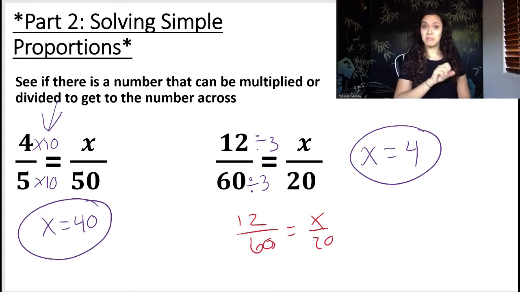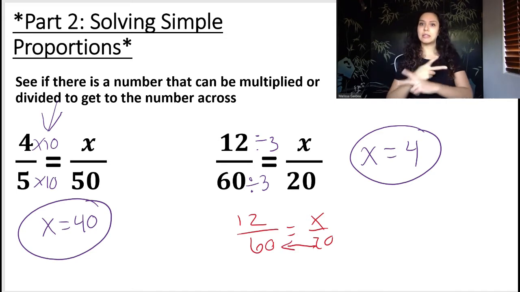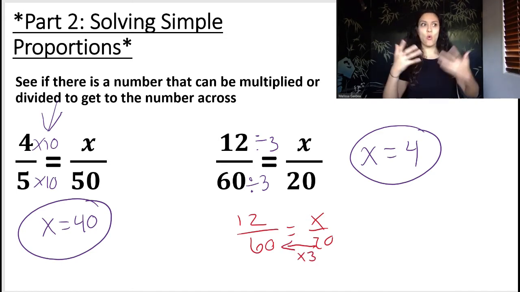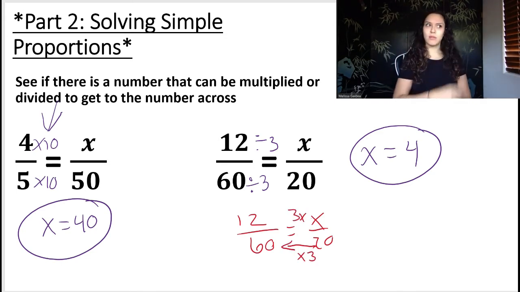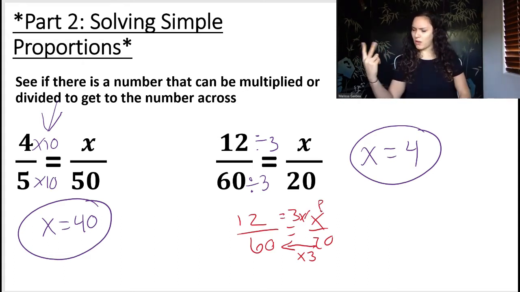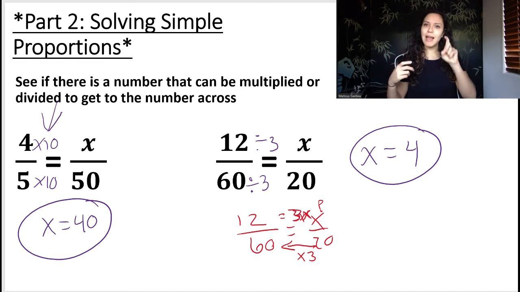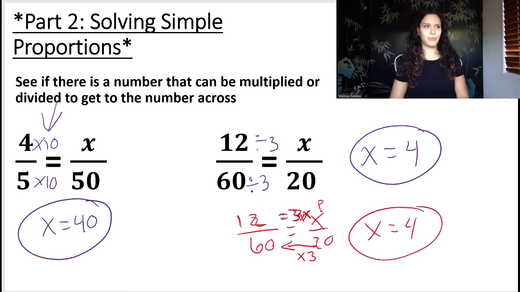Instead of going left to right, you can go right to left. How do you get from 20 to 60? Times 3. So what times 3 equals 12? 4. So x equals 4. You get the same answer.